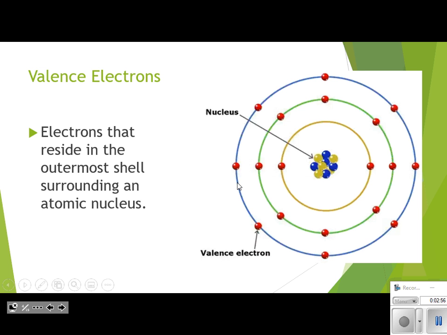What is my outside energy level? Blue. Excellent. How many electrons are on that outermost energy level? Count around the horn. 1, 2, 3, 4, 5, 6, 7, 8. Does 8 sound right? So, knowing what we know about electron configuration, what element has 8 valence electrons on the third energy level?